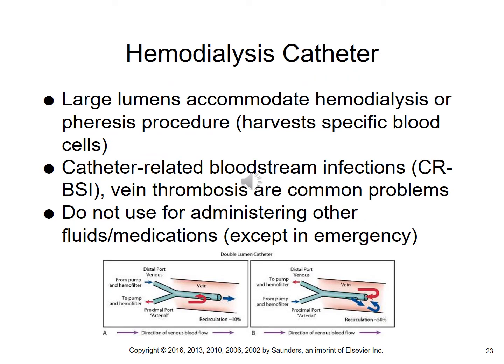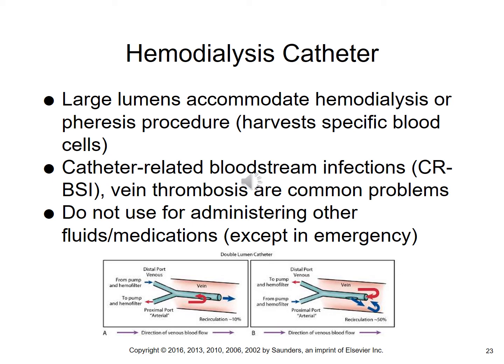The hemodialysis catheter is a large lumen accommodated for hemodialysis or apheresis procedures. This is utilized to help people that have chronic renal failure that need their blood to be filtrated. It's usually a combination, or an anastomosis, of a vein and an artery. When that vein and artery anastomosis is done, you have a catheter that you utilize to engage in that.